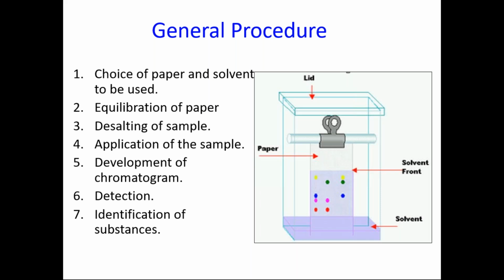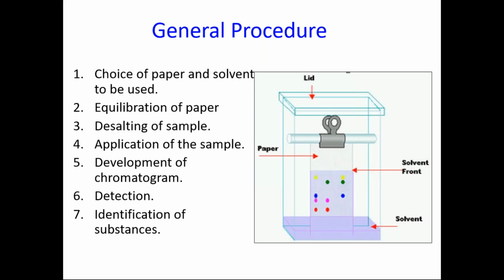The separation occurs because of the partitioning of the analyte between the mobile phase and the stationary phase, and then once the analytes are separated, they need to be detected or visualized, which can be done with different visualizing reagents, and then you identify the substances.